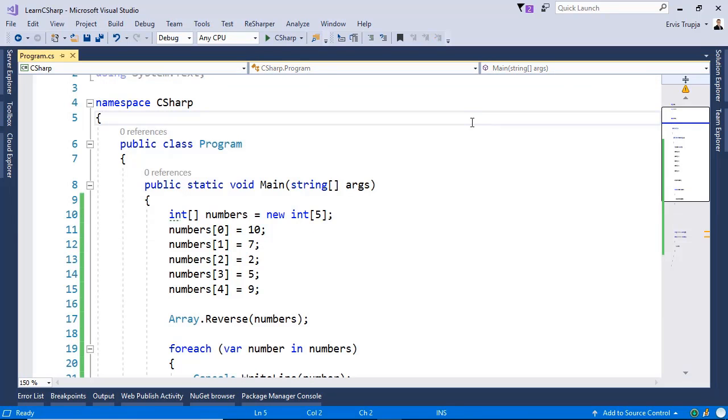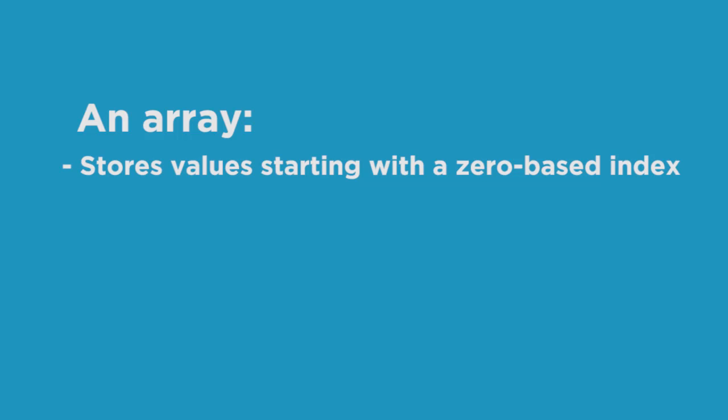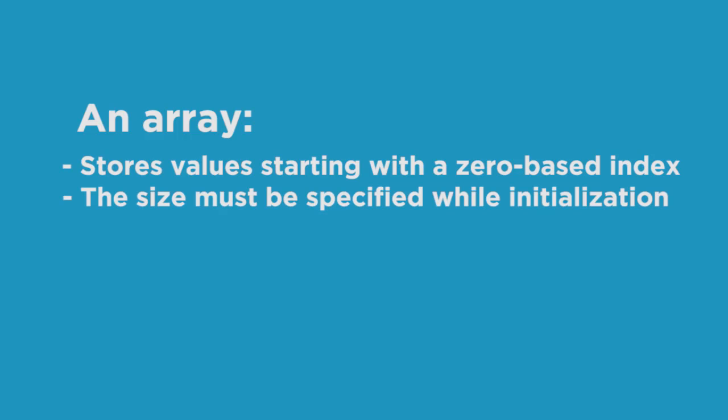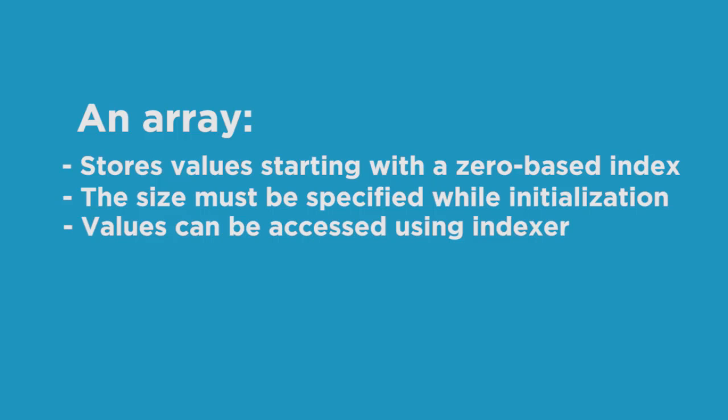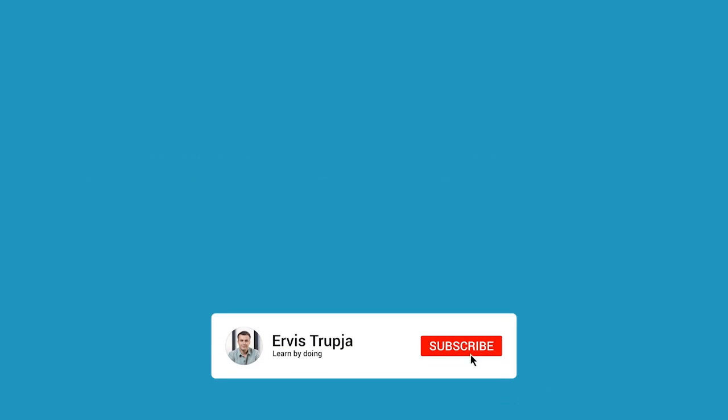So this was all for this part, but before we move to the next one, it's important to know that an array stores values starting with a 0-based index. The size of an array must be specified while initialization. An array's values can be accessed using an indexer. An array can be single-dimensional, multi-dimensional or a jagged array. But in this part we just talked about single-dimensional arrays.